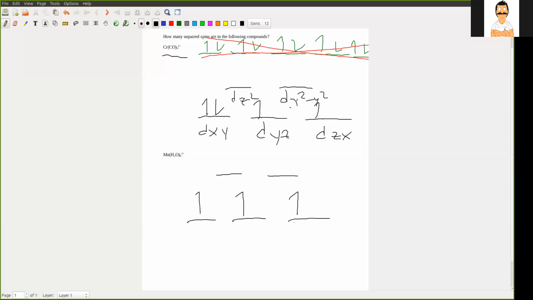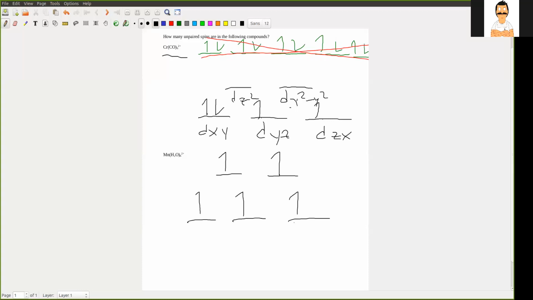But what to do with the other 2 is based on whether it's a weak field ligand or a strong field ligand. Water being a weak field ligand means it's a high spin state, which means those other 2 electrons go up here in the dz squared and dx squared minus y squared orbitals. So that's essentially the short version of how you assign unpaired spins.